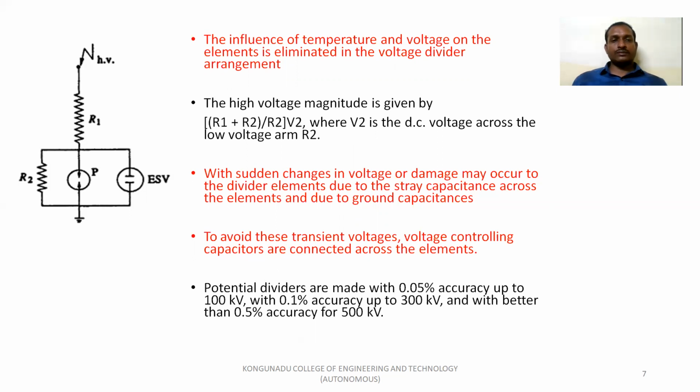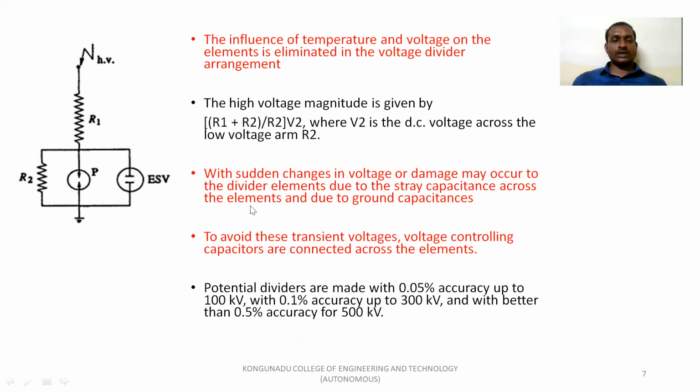V2 is the DC voltage across the low voltage arm, that is, the voltage across R2, and V1 is the voltage across R1. This voltage is calculated from the potential divider element. First we calculate the voltage across R2 with the help of the ESV, and with this formula we are able to calculate the high voltage.